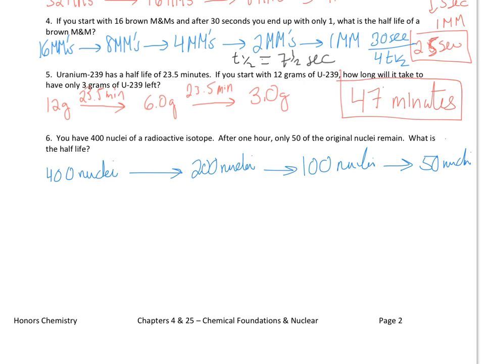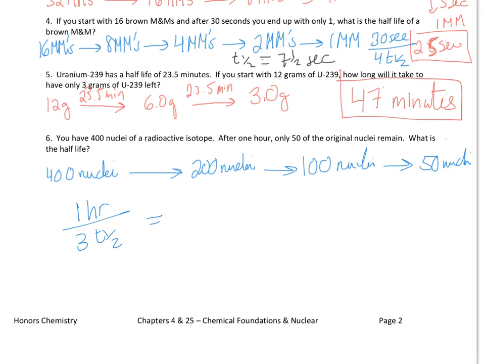We started with 400, we ended up with 50, and it took us 1, 2, 3 half-lives. They tell us that that took a total of an hour. So you can do it in hours. 1 hour divided by 3 half-lives.